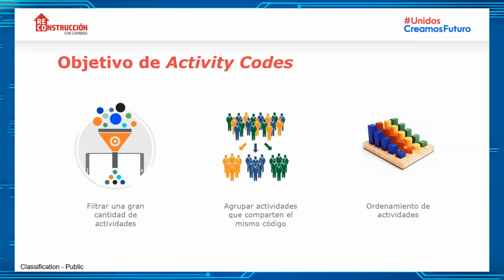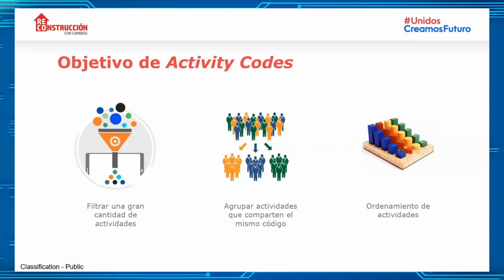Or maybe we could see it by subcontractors, because our project will be executed by a managing contractor, and this contractor will be allocating work packages to different contractors. So maybe it's important to see the information not by WBS, but in function of the work executed by each subcontractor.